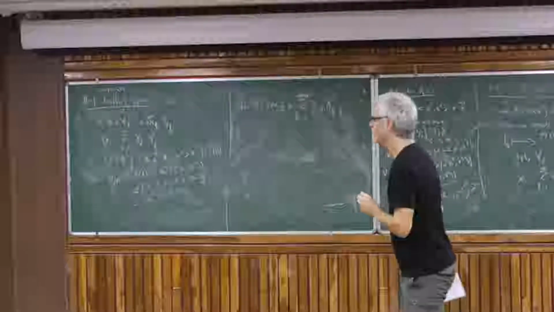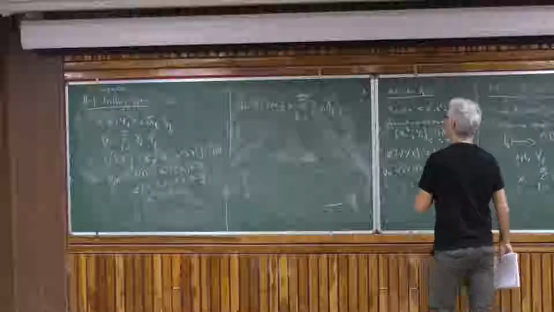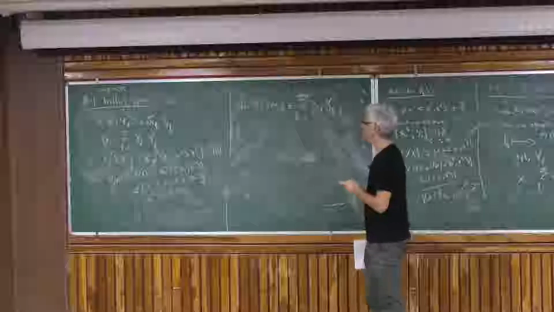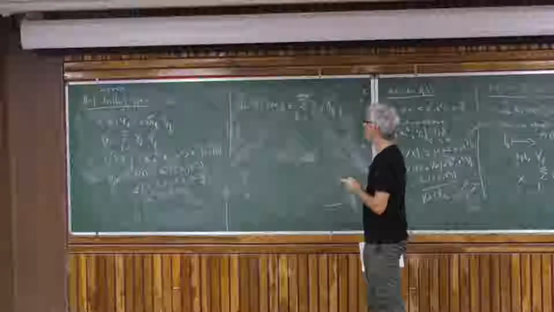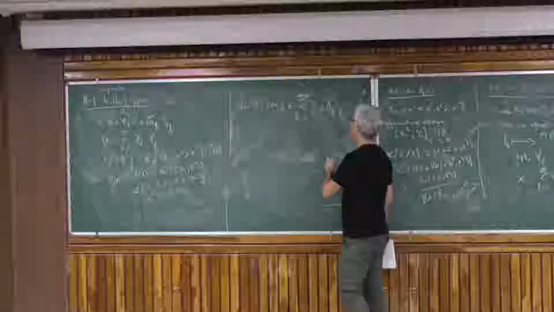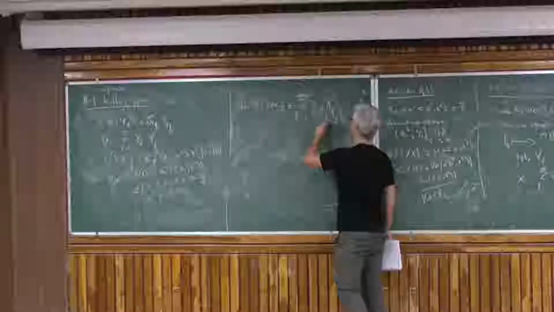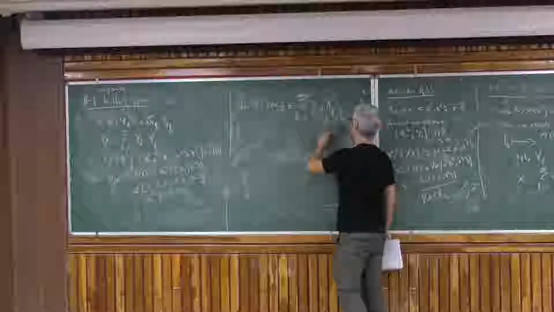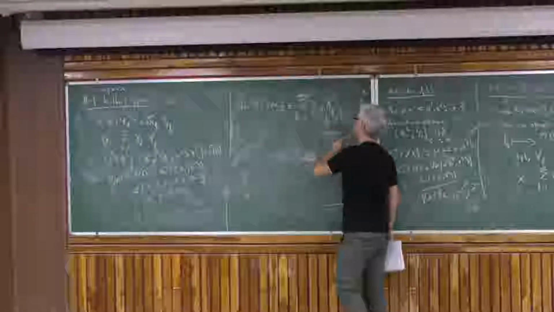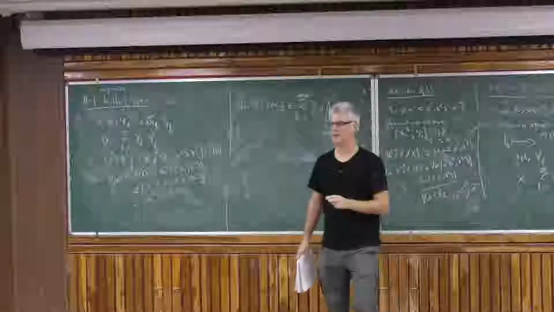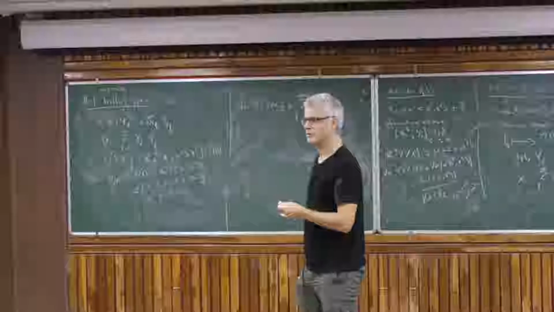Okay, so now we want to estimate this thing. So what is unknown here? So here we have two problems. The first problem is that the gamma L squared are unknown because they are the coefficients of the beta.